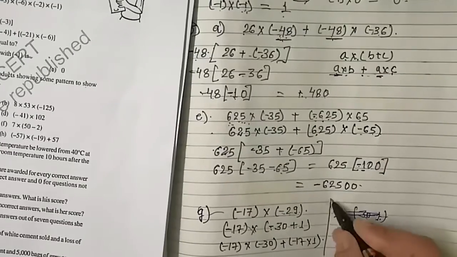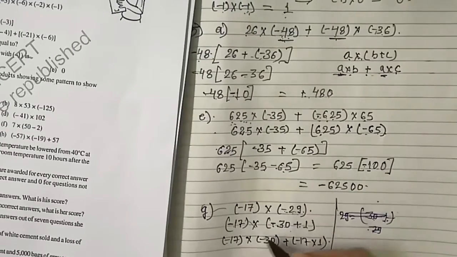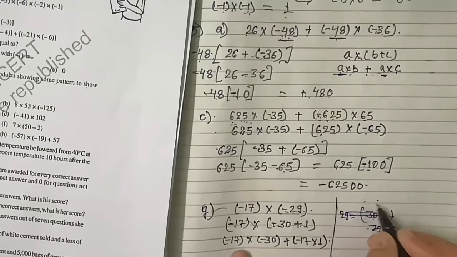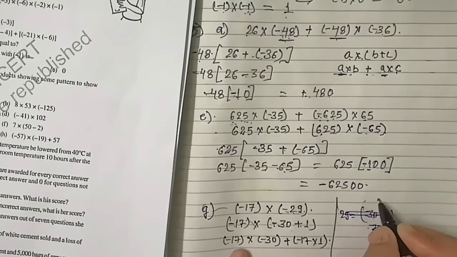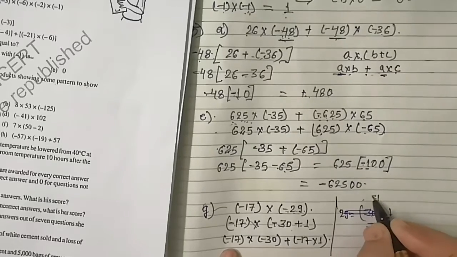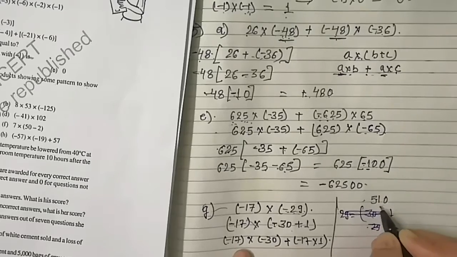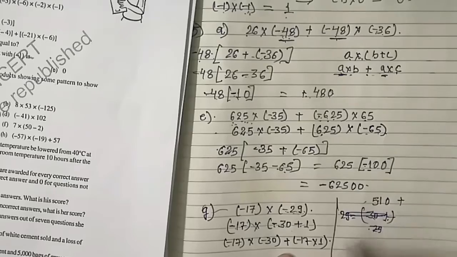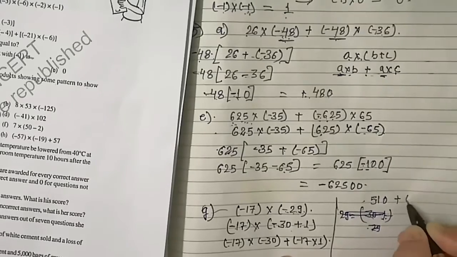Here I am writing 17, minus minus will be plus. Okay, 3 7s are 21, 2 will be carry, and 3 1s are 3, 2 is 5, and 0 we will put at last. Minus minus will be plus here. Now plus minus 17 into 1 will be minus 17.